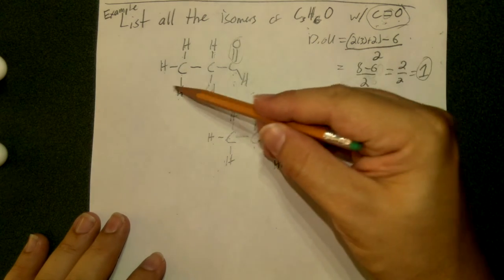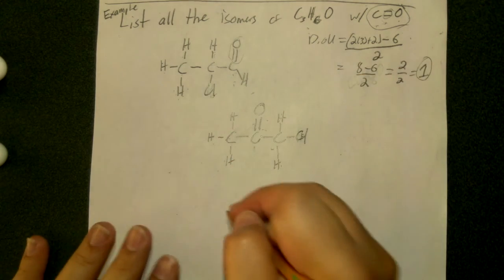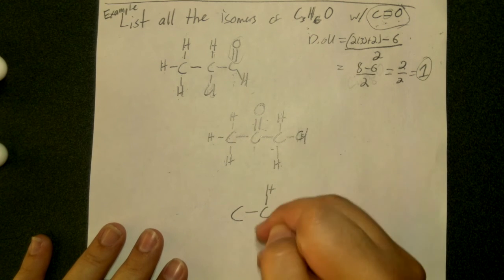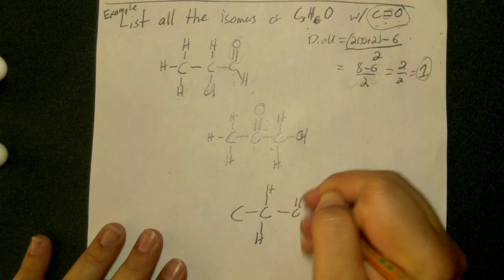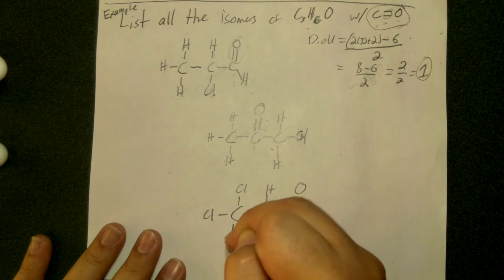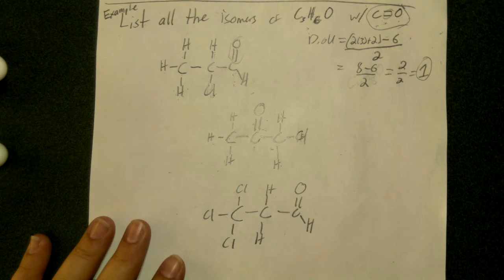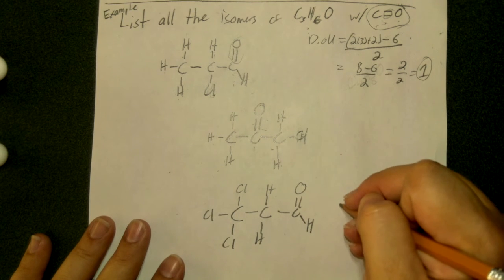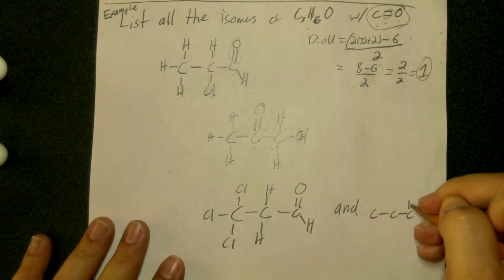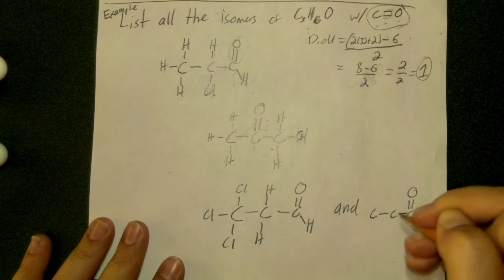It would be the same, regardless of where you put it. And it would look like this. And then also, another one you would have is what if you put the chlorine here?